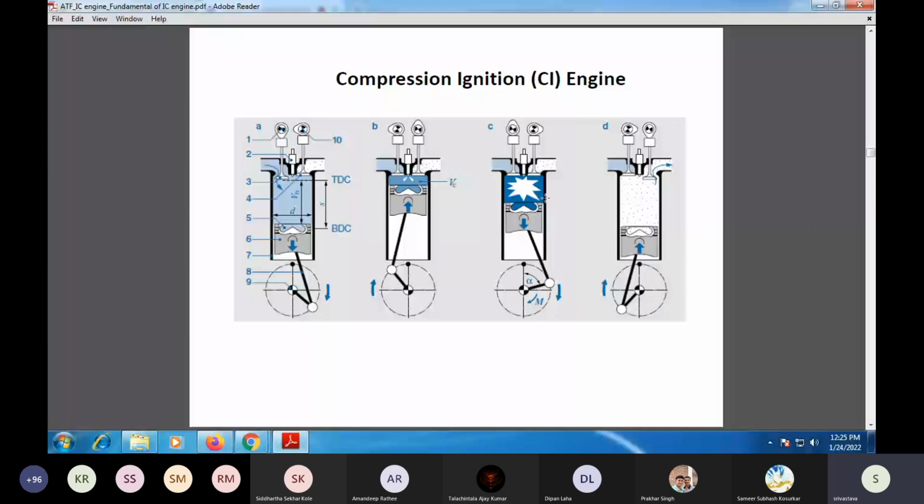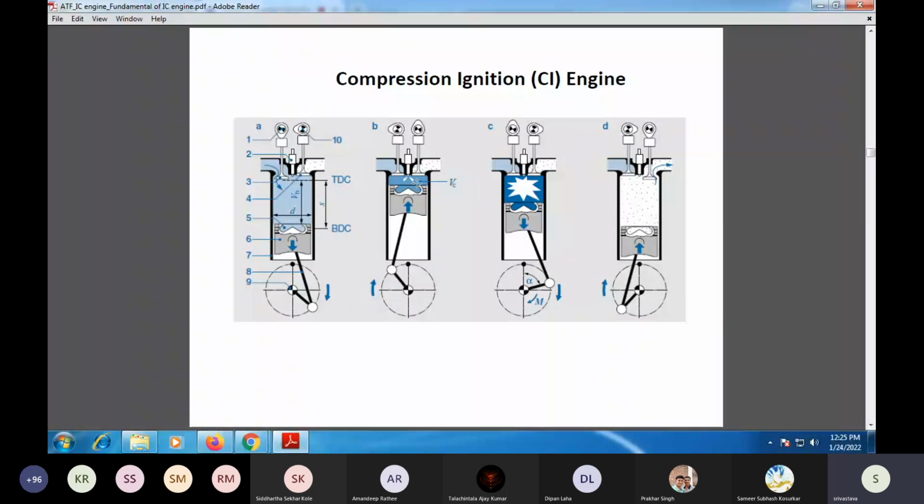But in the diesel engine, the fuel is injected towards the end of the compression stroke, and there are several physical phenomena that take place, like atomization, penetration of the fuel droplets, vaporization of the fuel, and then mixing of the fuel with the air to form the combustible mixture.